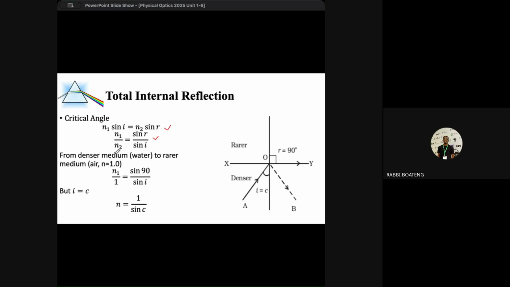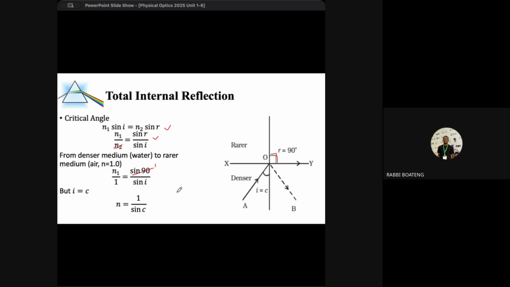So from the denser medium to a rarer medium, if we are talking about water and, let's say, air, we know the refractive index of n2 is 1. We can write 1 here. And because we reach a critical angle, we can make the angle of refraction become 90. Sine 90 is going to give us 1. So we write our 1 here. Then we bring our sine i, which is now the critical angle, so C.